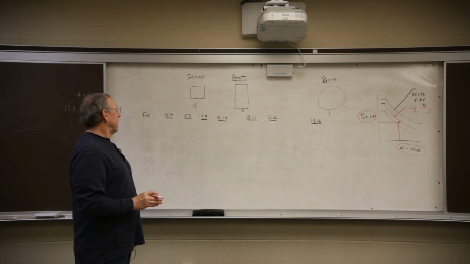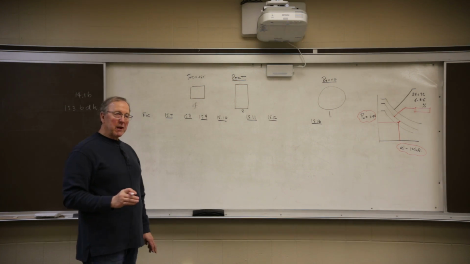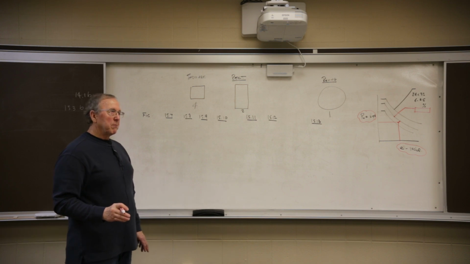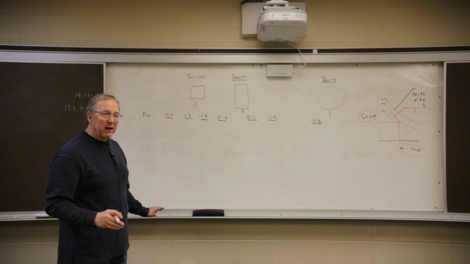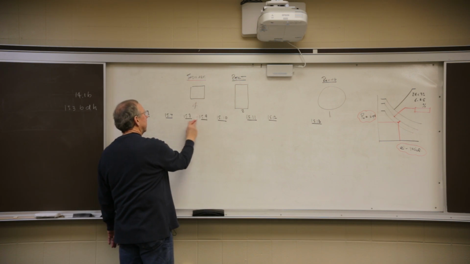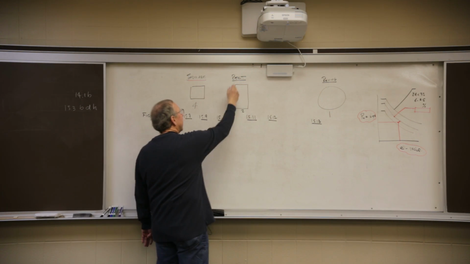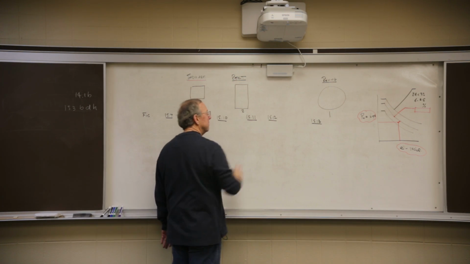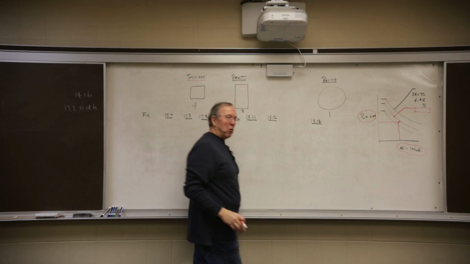Okay? So, why don't we define each of these tables so you know which table to use. The biggest variable is the shape. So if the problem says a square, you've got those four figures to worry about. Problem says a rectangle, you've got these two. And if it says it's a round column, you've only got one.